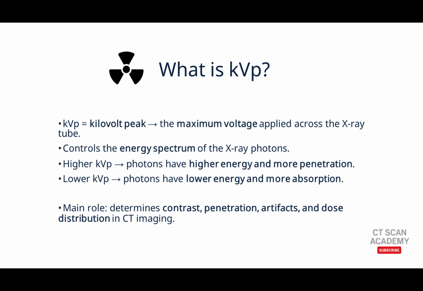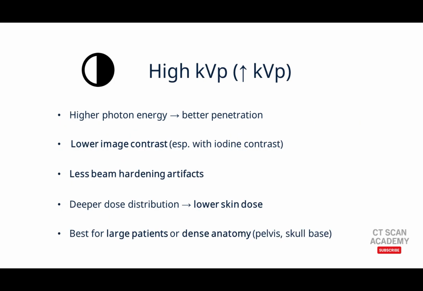kVp stands for kilovolt peak and represents the maximum voltage applied across the X-ray tube. It controls the energy spectrum of the emitted X-ray photons and therefore has several direct effects on image appearance and dose distribution. At high kVp, photons have higher energy and greater penetration.